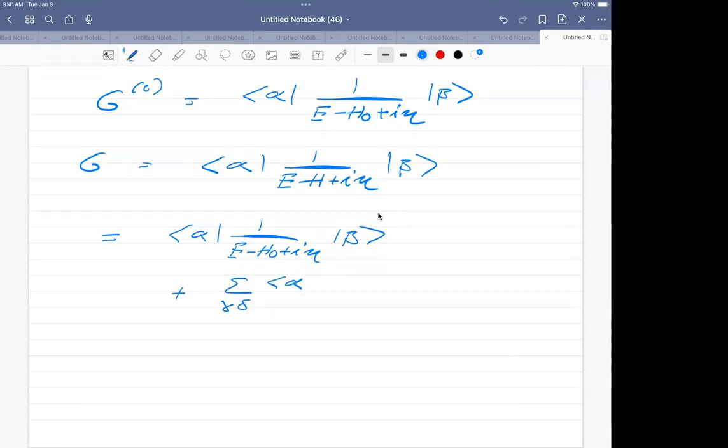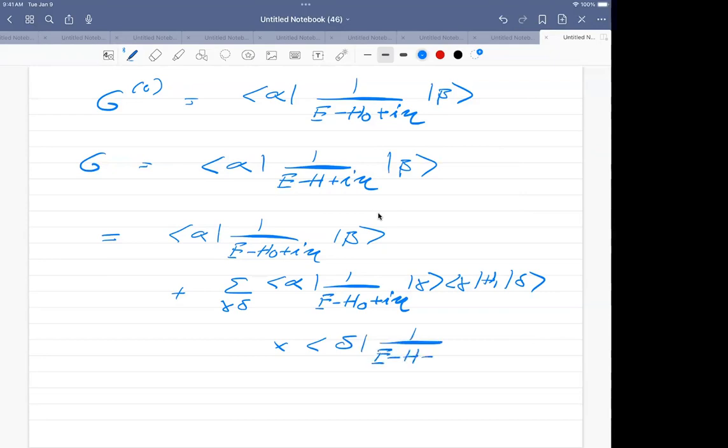And then I have alpha, G0 gamma, and then I have gamma, H_I, delta, and this is then multiplied with delta, 1 divided by E minus H plus i eta, beta.